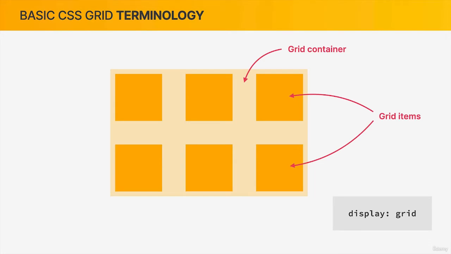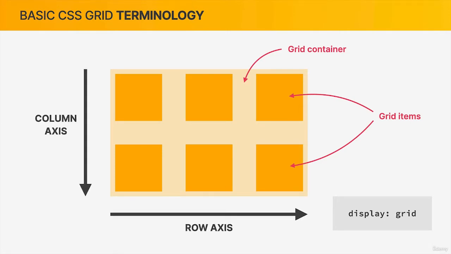So again, just like we learned before, and also this is quite similar to Flexbox, right? Then also like Flexbox, we also have axes here. So we have a row axis and a column axis. Now, unlike Flexbox, we cannot change the direction of the row and the column axis, which in my opinion actually makes it even a bit easier to work with CSS Grid.